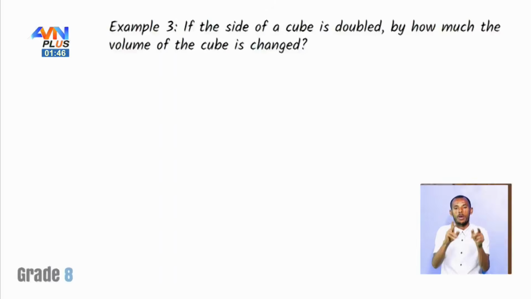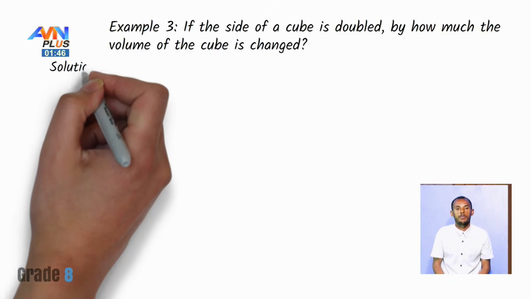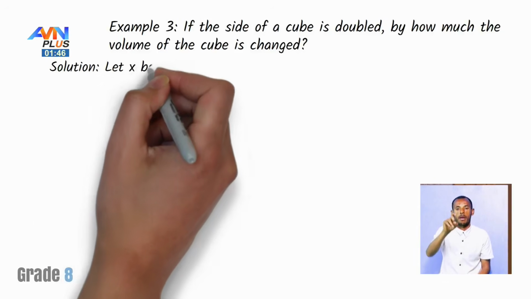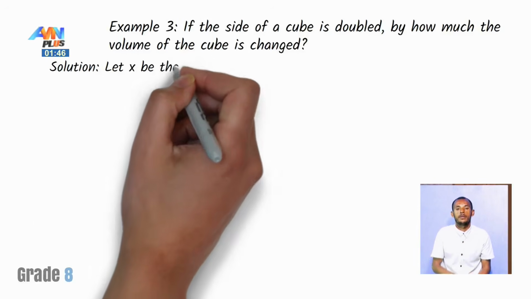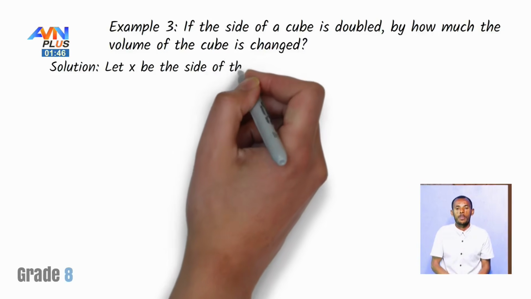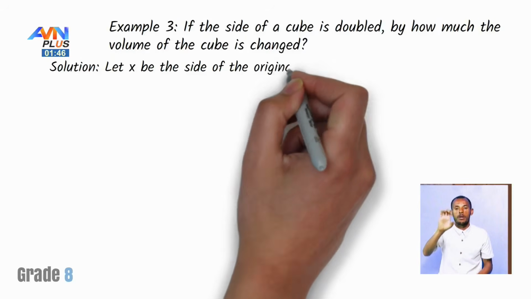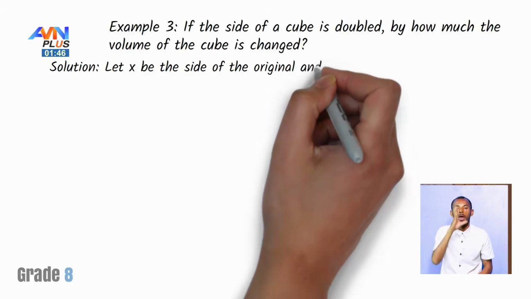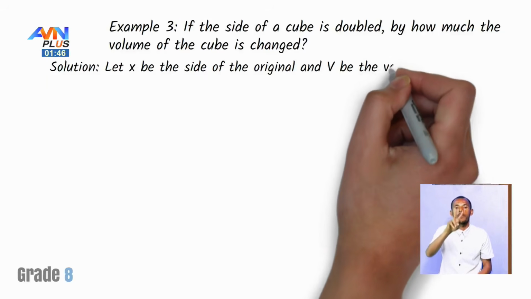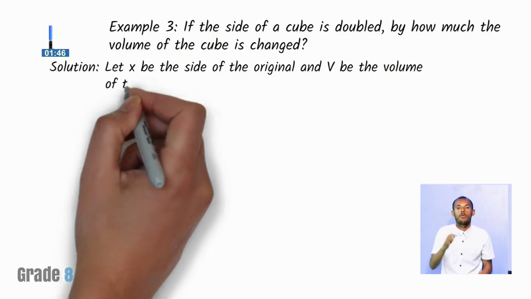Okay, so here is the procedure. Let x be the side of the original cube, and V be the volume of the original cube.